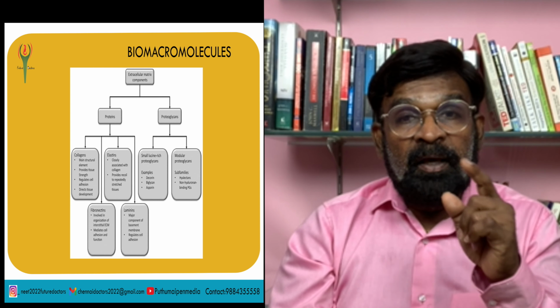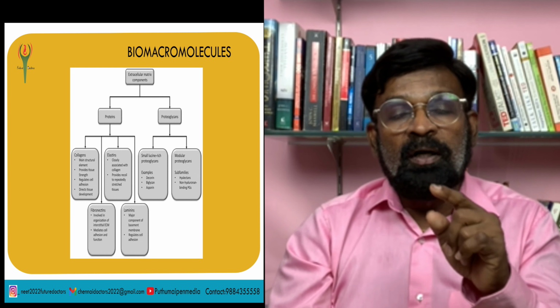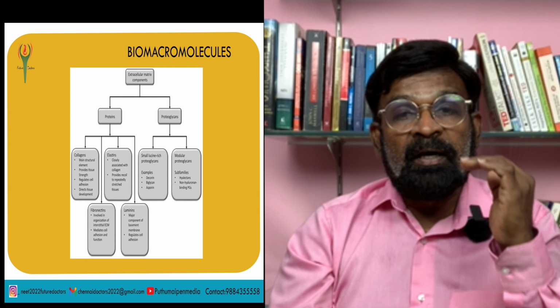Next is biomacromolecules. These are molecules which have molecular weight 10,000 Daltons and above. All these macromolecules are actually polymers of biomicromolecules.